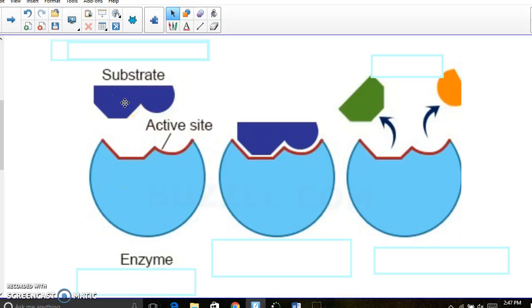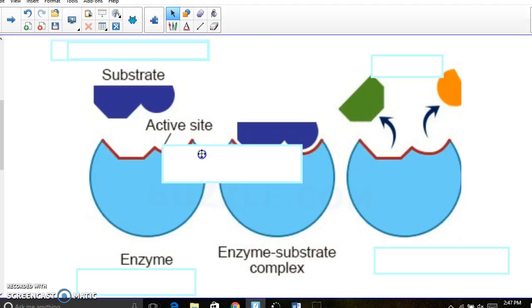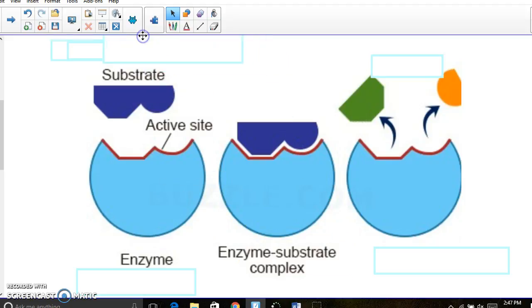So here this substrate fits perfectly into the active site on this enzyme, and when they bind together, we call this an enzyme substrate complex. So it's this big molecule now. And the way that they bind, the enzyme has the opportunity to make this chemical reaction, to break bonds and create new bonds way easier than if they tried to do it on their own.